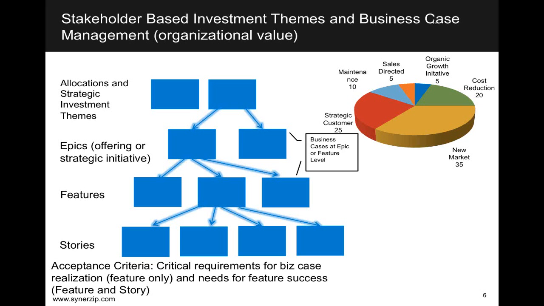Now, one of the very important things that organizations should focus on when building this sort of requirements pyramid is to not only manage the requirements through the development process, but the business case that those requirements represent. So that will typically be at either the epic or the feature level.